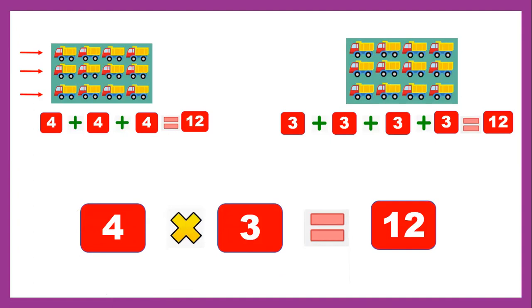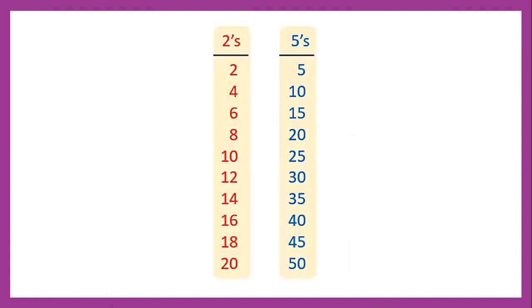I hope you finished the homework where you practiced understanding arrays by rows and columns. You have to memorize how to count in twos and in fives. Here is the table, so please memorize it well. 2, 4, 6, 8, 10, 12, 14, 16, 18, 20.